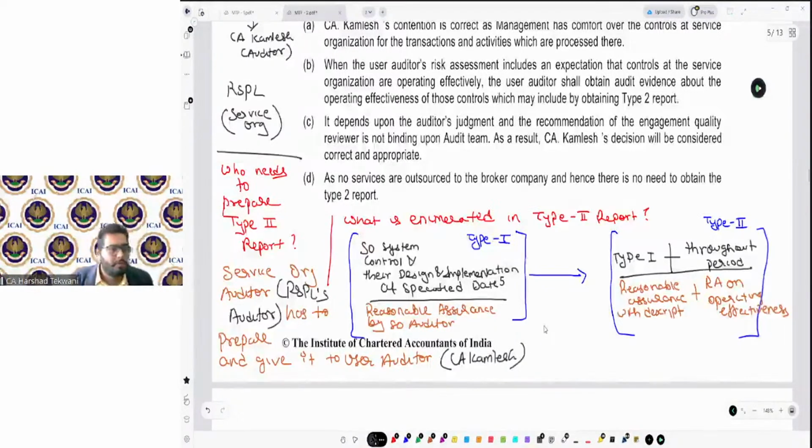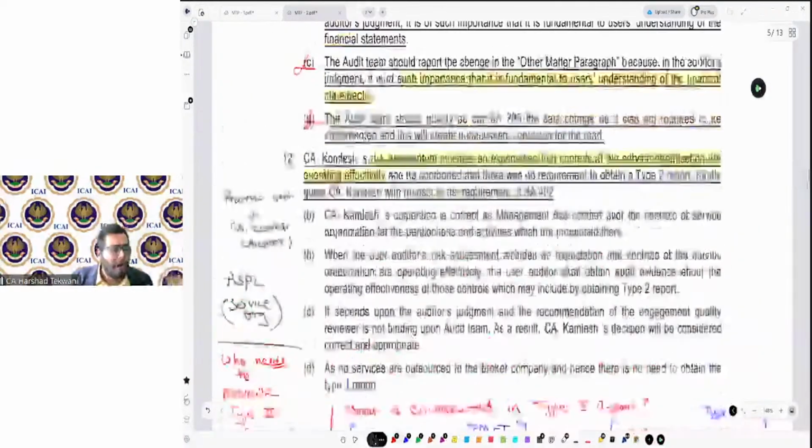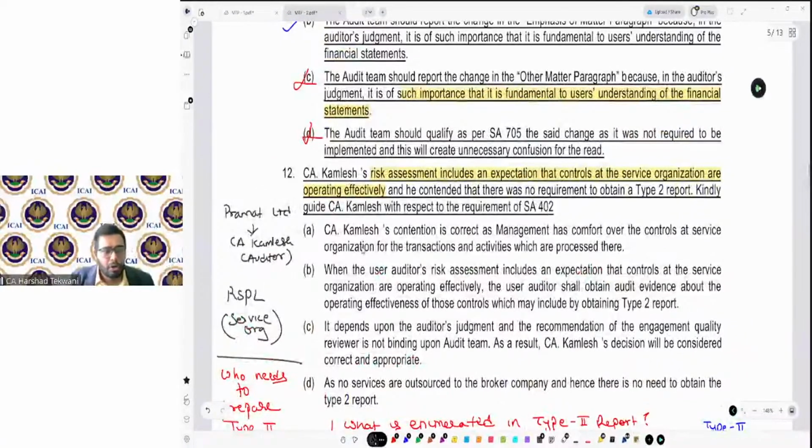Now the question comes, why type 2 report only? Why don't I use type 1 report? Now see, when I only want evidence with respect to the control descriptions at a particular point in time, type 1 report is sufficient. But I am relying upon the controls which are present at the service organization throughout the year, and I'm saying they are operating effectively.